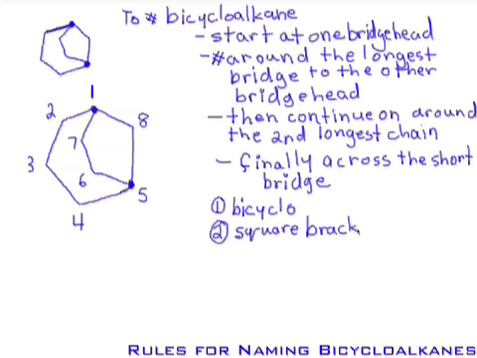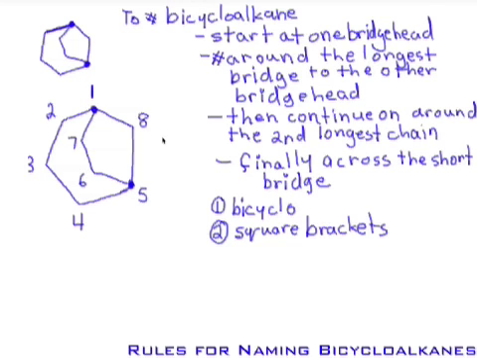Inside the square brackets, we put numbers for the number of atoms in each chain. We put them in descending order and they're separated by periods. Okay?